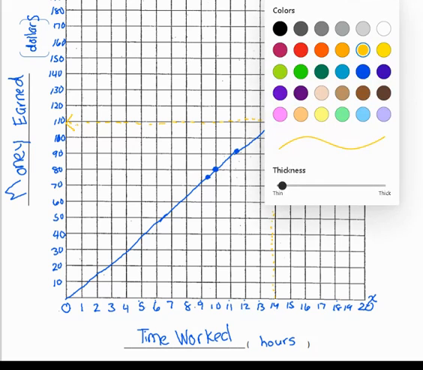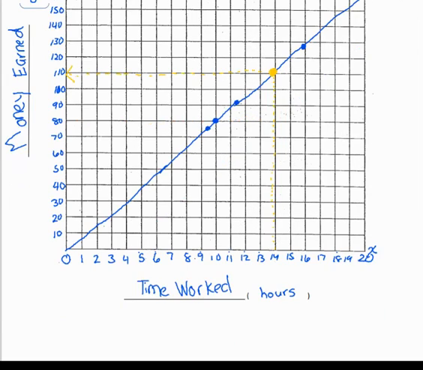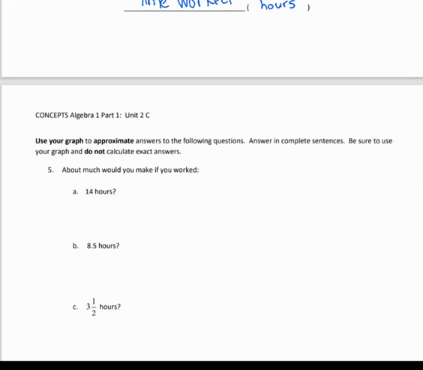So the answer to 5A is, in a complete sentence, I would make about, or approximately, $110 for 14 hours. Does that make sense how I used the graph? So we go to the hours and then up to the line.